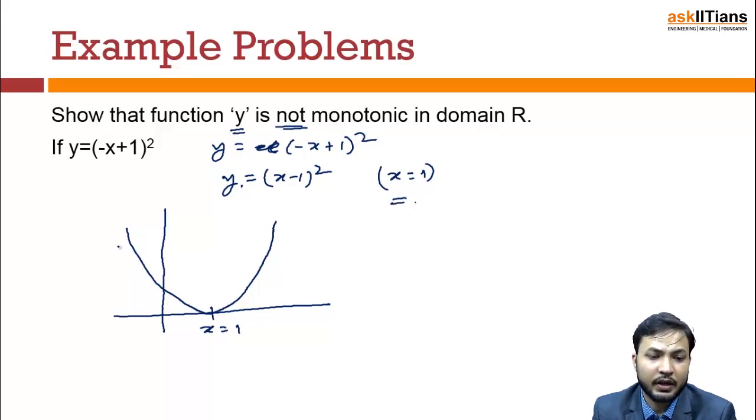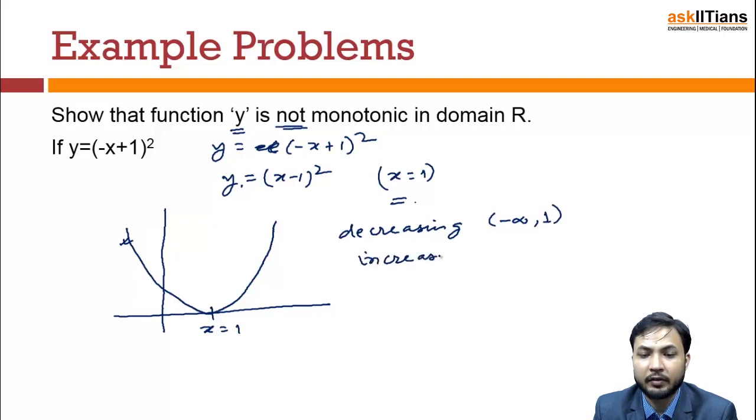So again over here you see it is decreasing in the domain of minus infinity to 1, and increasing in the domain of 1 to infinity. This will be closed.